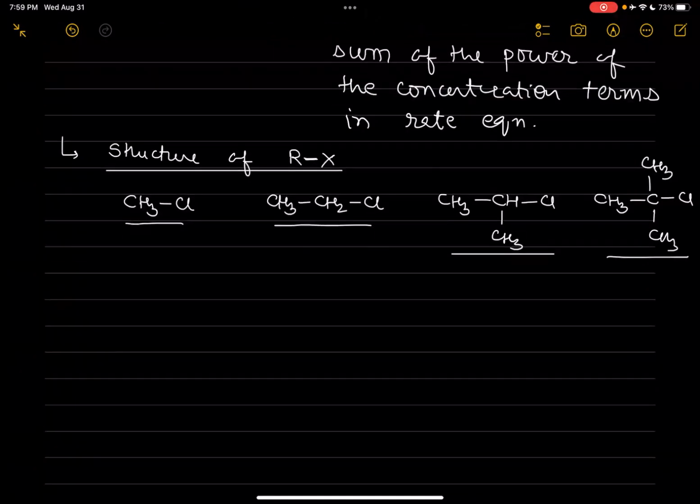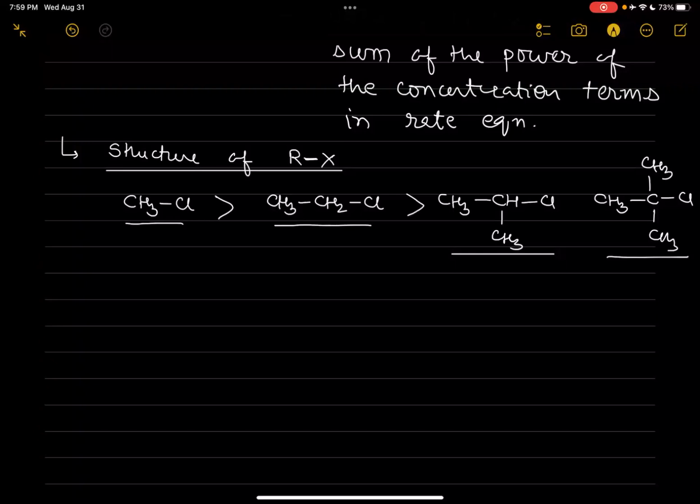Tell me. What can you say about their speed? Arpit, Imad, Anushka? So it will be faster in the first one. It will be fastest for CH3Cl.